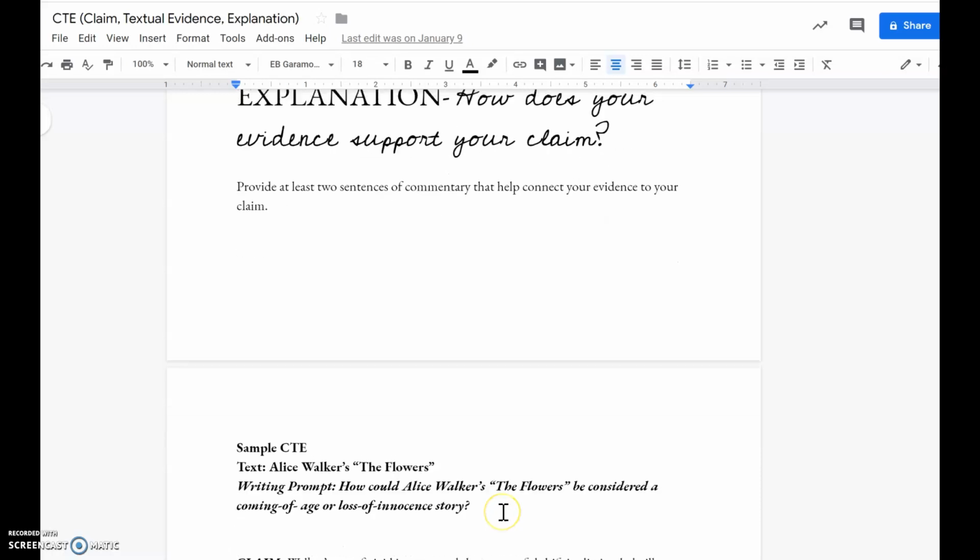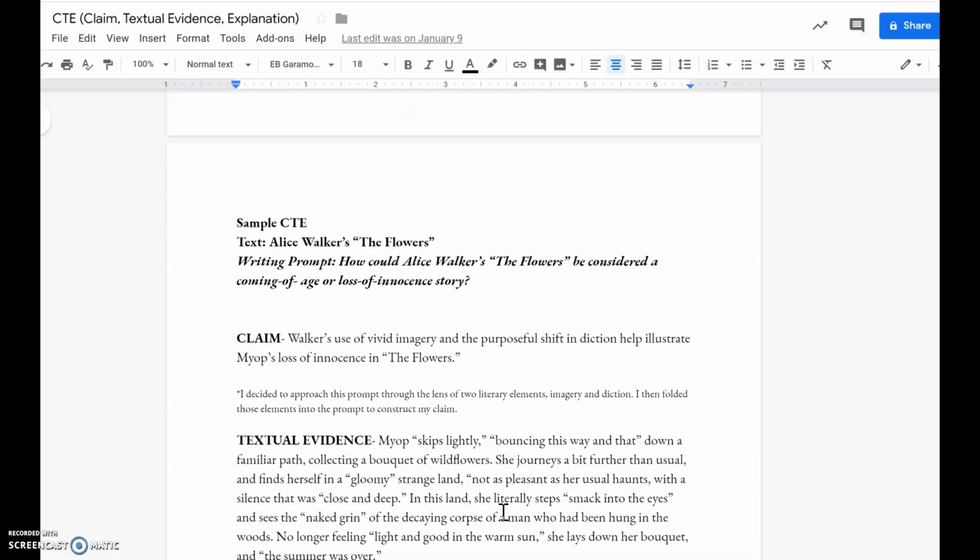And so you guys were assigned to read Alice Walker's The Flowers, and I asked you to answer a couple of questions about the flowers, but I wanted to give you a sample CTE on something that you've already read and analyzed so that you would have this as a good example for going forward from here.